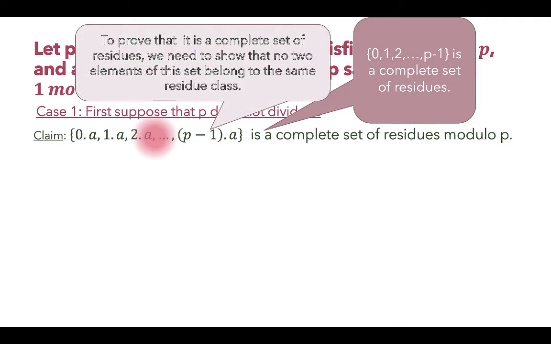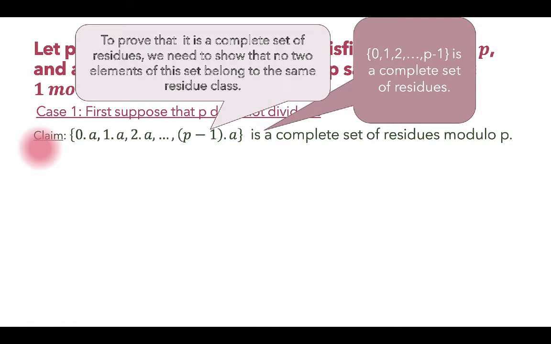To prove that this set is a complete set of residues, we need to show that no two elements of this set belong to the same residue class. That is, we have to show that if 1A belongs to one residue class, then another element, say 2A, will belong to some other residue class, and so on.